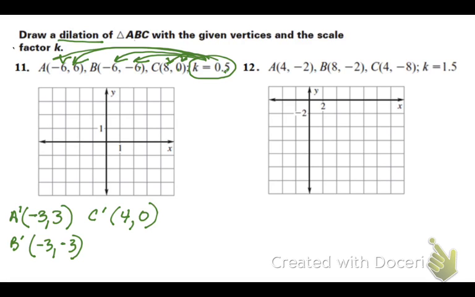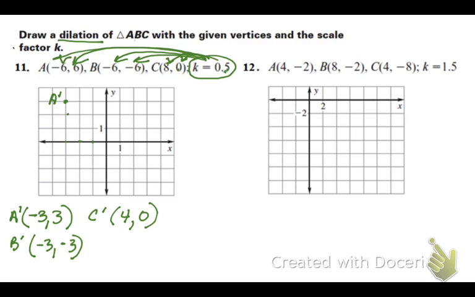So we can draw our figure, and we have negative 3, 3. So negative 1, 2, 3, up 1, 2, 3, and that's A prime. B prime is negative 3, negative 3.